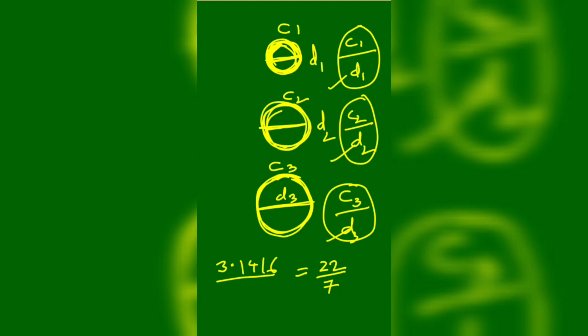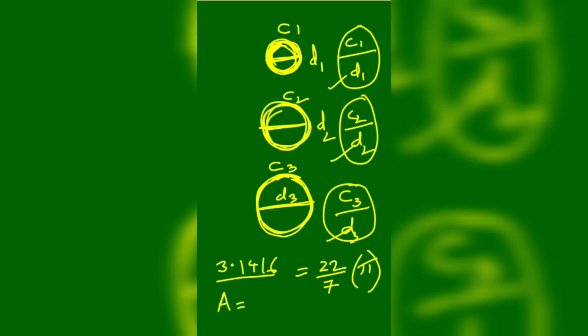This interesting number is called pi, that Greek alphabet pi. This interesting number, 3.14 or 22/7, is called pi. And what is the connection to the area of a circle?